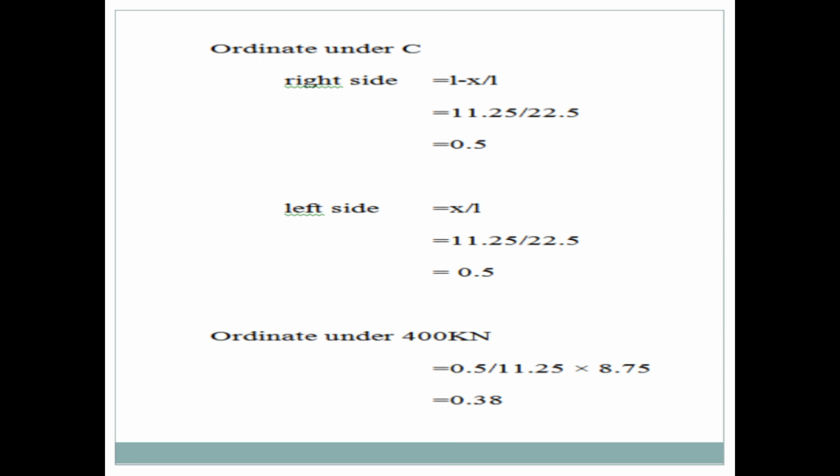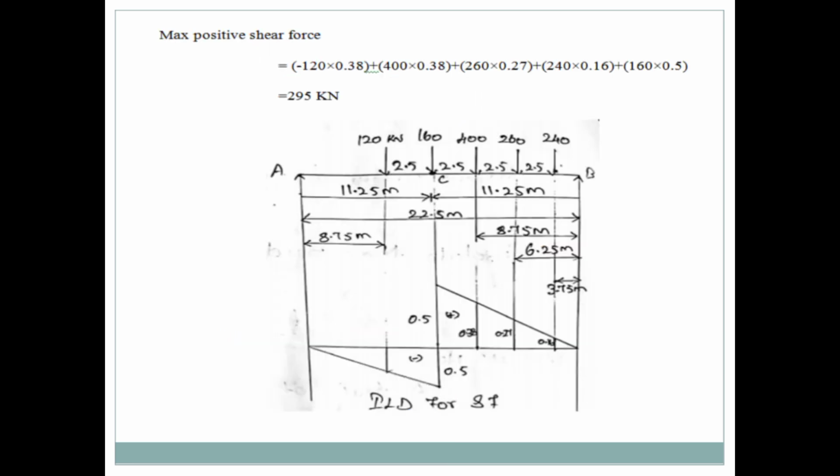Ordinate under 400 kilonewton is equal to 0.5 divided by 11.25 into 8.75 is equal to 0.38. Maximum positive shear force is equal to minus 120 into 0.38 plus 400 into 0.38 plus 260 into 0.27 plus 240 into 0.16 plus 160 into 0.5 is equal to 295 kilonewton.